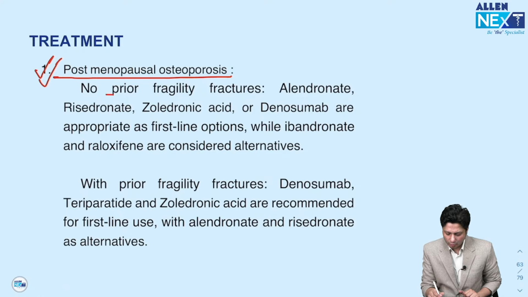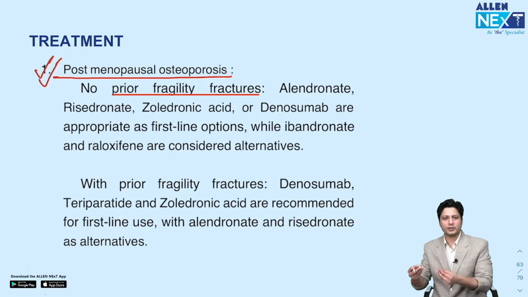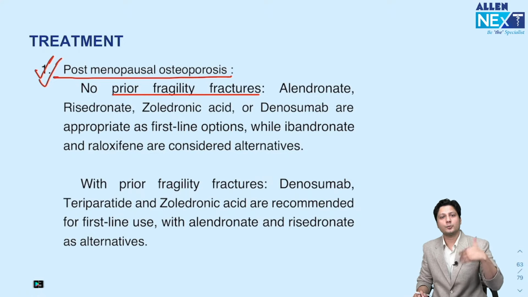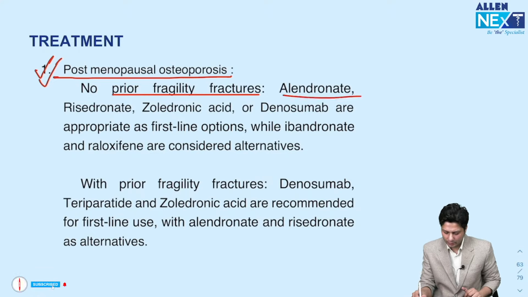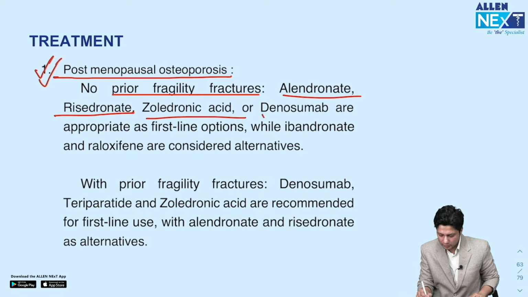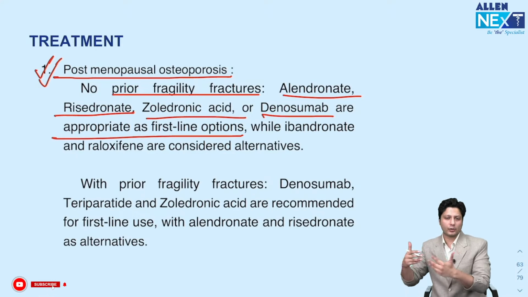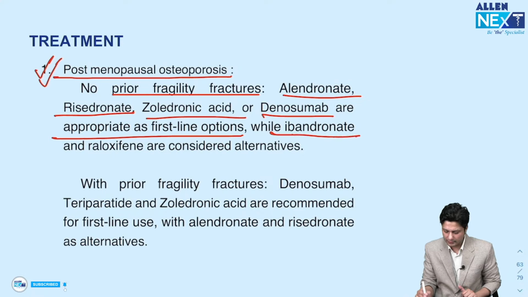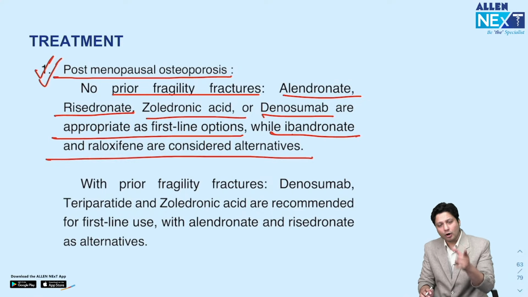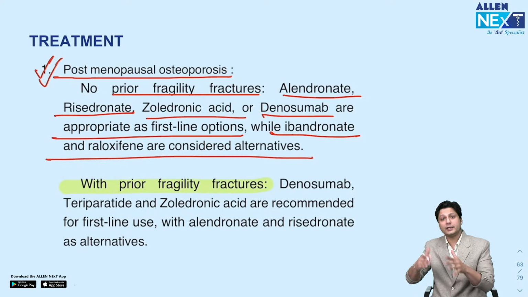If there are no prior fragility fractures, then the oral formulations of the bisphosphonates are considered the first line of drugs. Like alendronate, risedronate, zoledronic acid which is parenteral IV, denosumab which is subcutaneous, are appropriate first liners. But you have alternatives also like ibandronic acid and raloxifene. But what about those patients who have a prior fragility fracture?